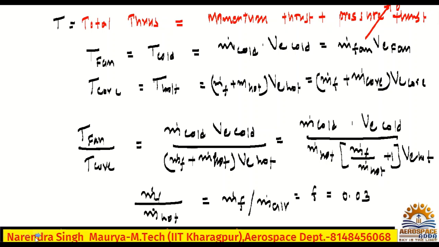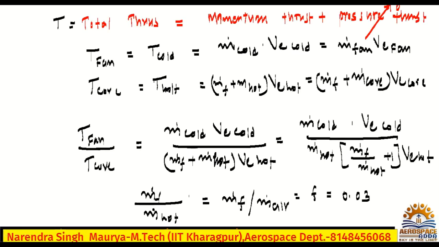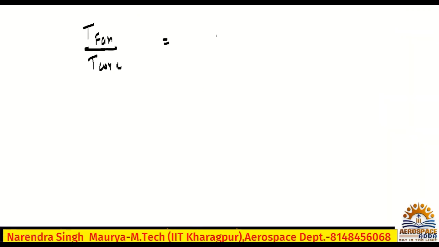Okay, so I will write here thrust due to fan divided by thrust due to core. Check. So m dot cold by m dot hot I will write on one side. In the numerator only I can write m dot cold divided by m dot hot, into V exit fan or cold.